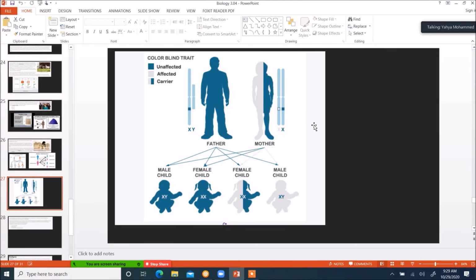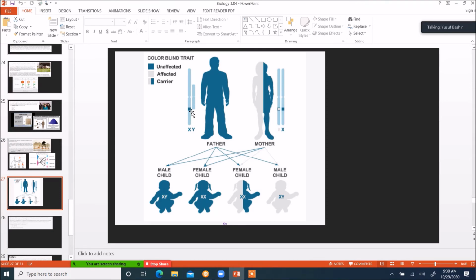So let's suppose there's a problem with the X chromosome, right? Now let's suppose the father on his X chromosome has a problem, right? Is there anything to balance out that X chromosome's problem, Yusuf?